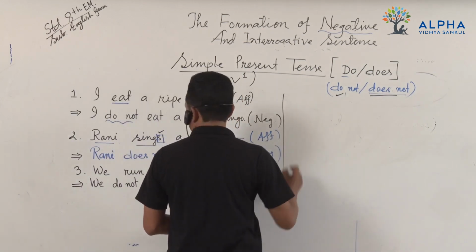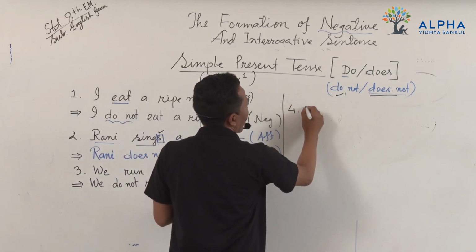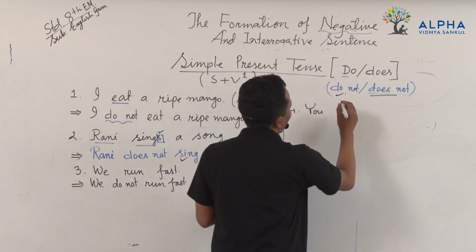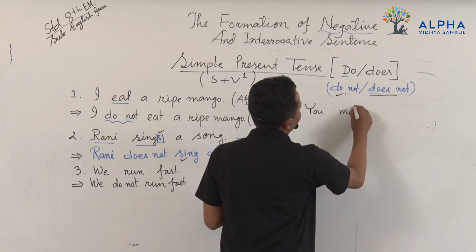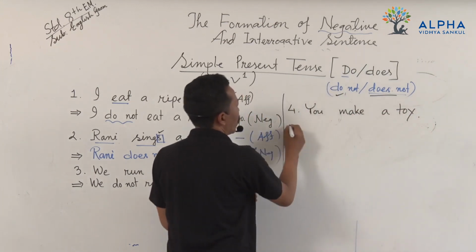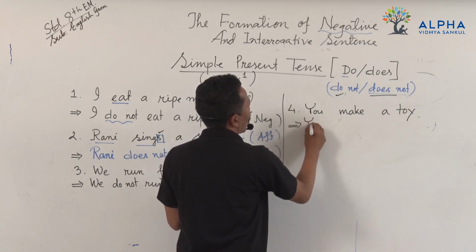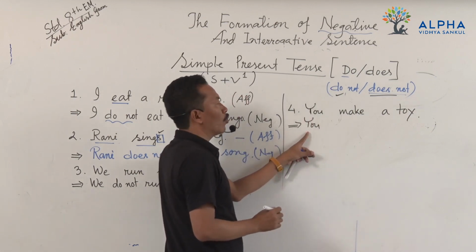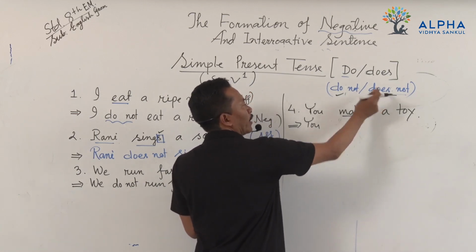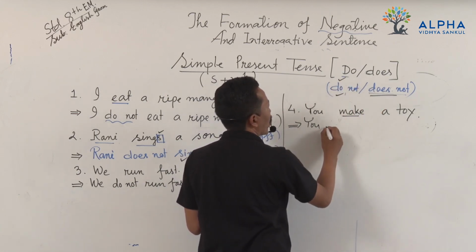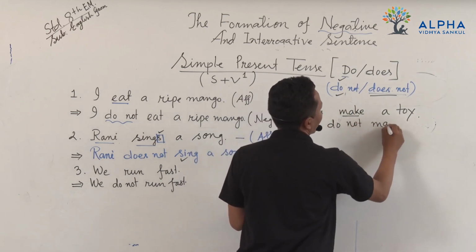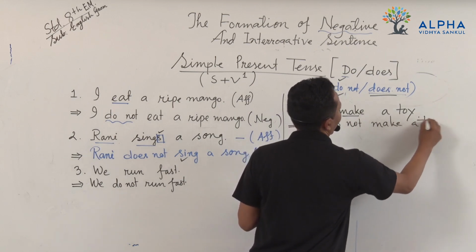And more examples are for you. You make a toy. Here also, you is not third person singular number. Now you know there is no S, so there is no chance of using does not. And the right answer is do not. You do not make a toy.